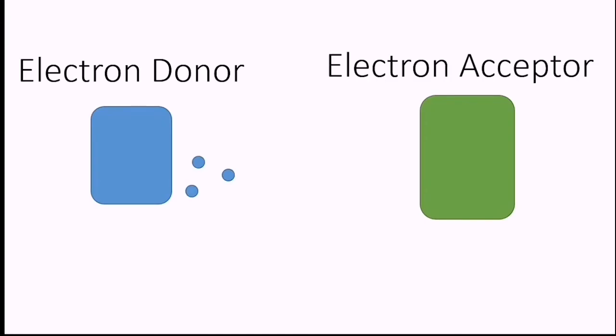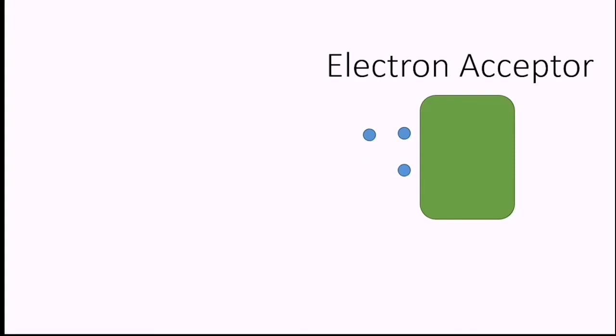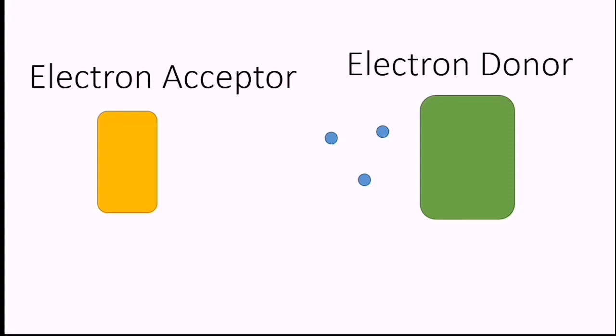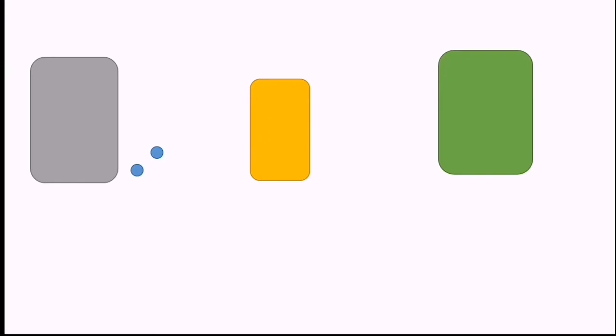First, the electron donor will pass the electrons to a more electronegative electron acceptor. When the electron acceptor accepts the electron, it will become an electron donor as it will pass the electron to the next electron acceptor.